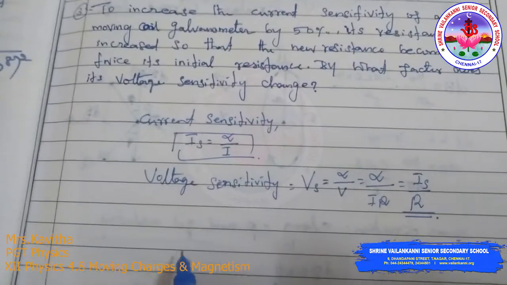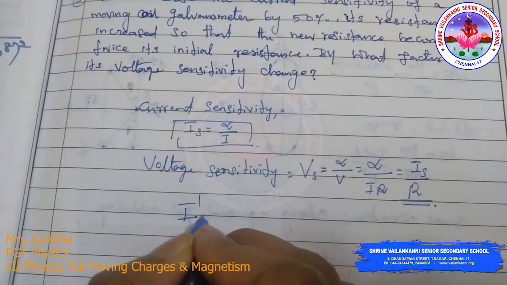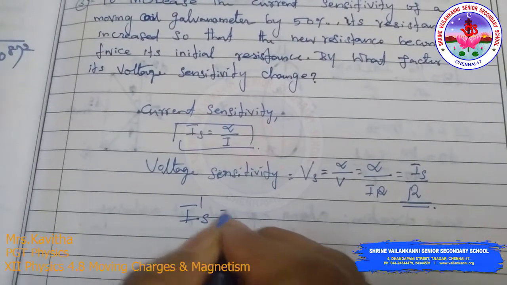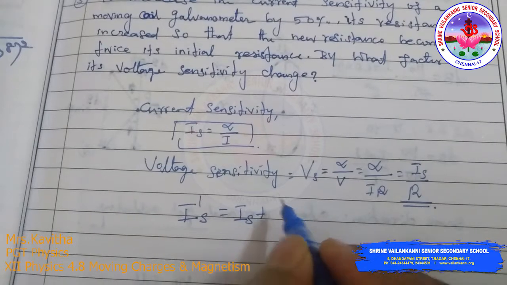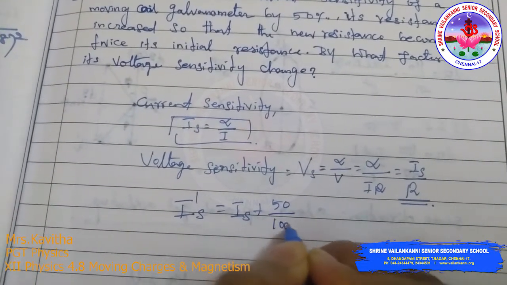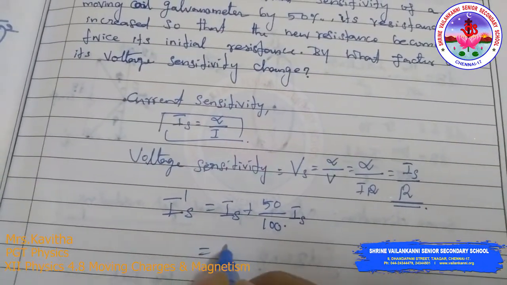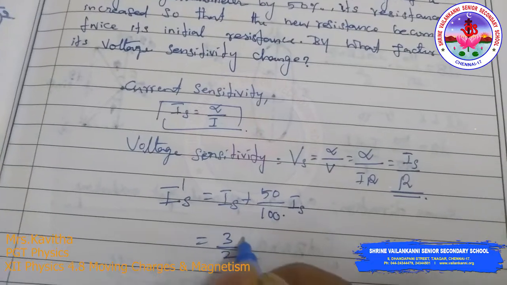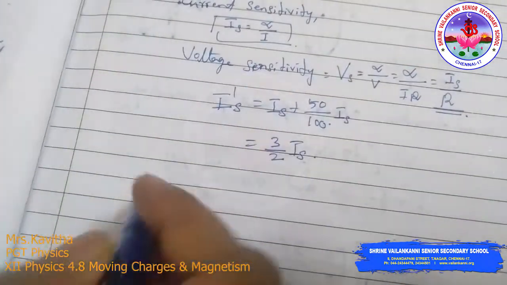Now the new current sensitivity, I dash s, is Is plus the 50% they have given, so 50 by 100 into Is, which comes to 3 by 2 Is.